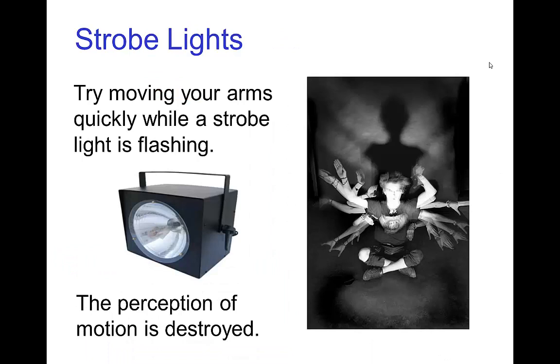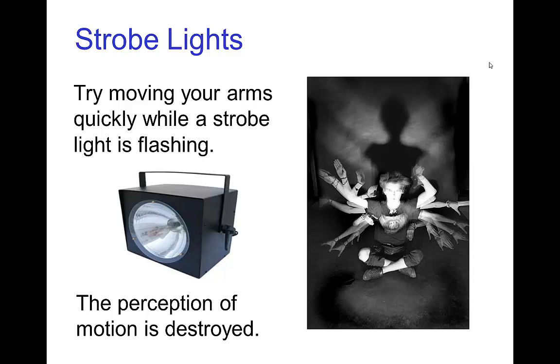Now, another way of seeing this disruption of the perception of motion is if you're in some place where there are strobe lights, and so you have flashing lights, maybe at 10, 20 flashes per second, or maybe even higher.